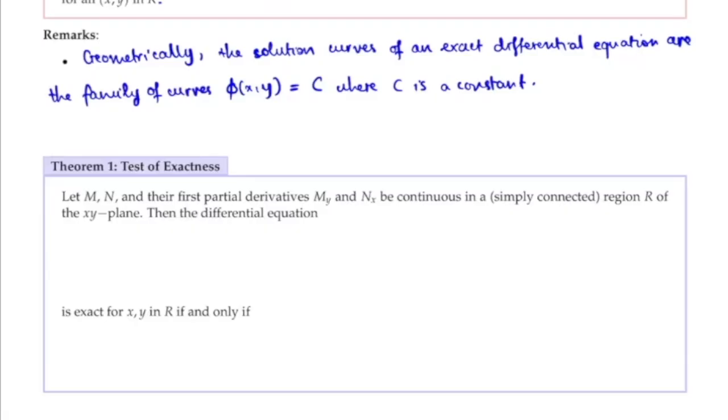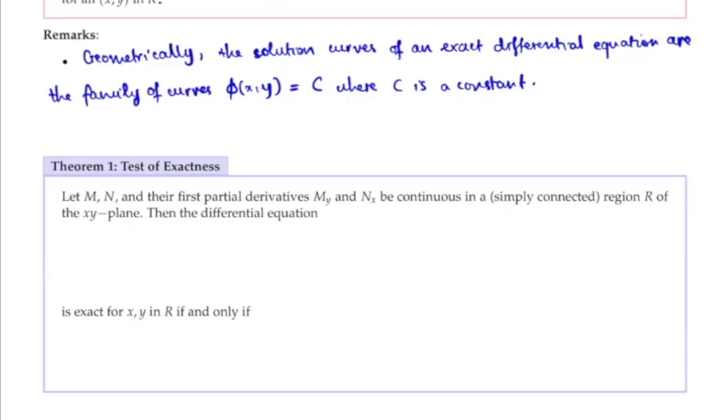All right, so we need this type of region in order to test for exactness. Therefore, all the functions capital M and capital N that you're going to see in all the examples that we're going to cover are very nice functions. Nice means that they are continuous and differentiable.